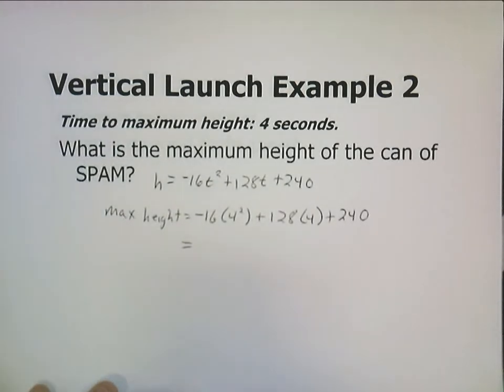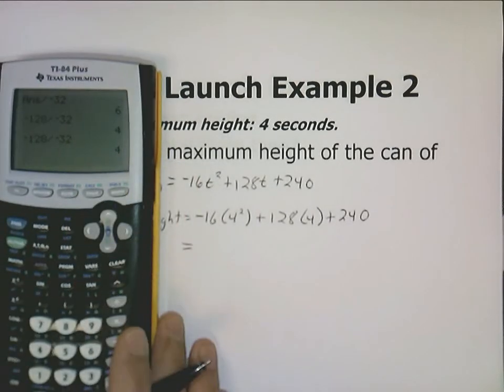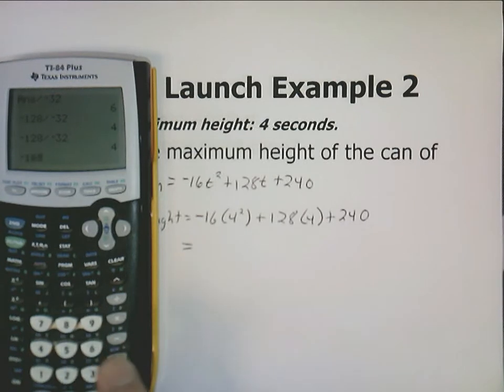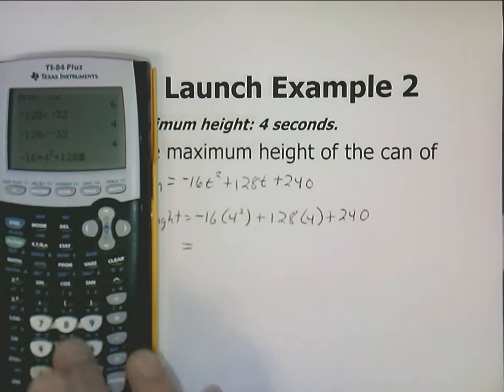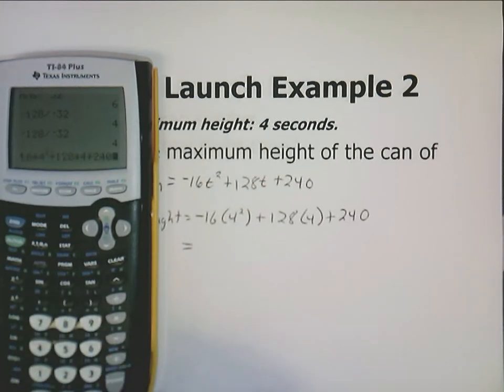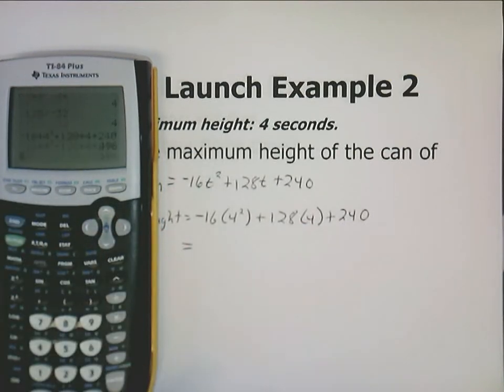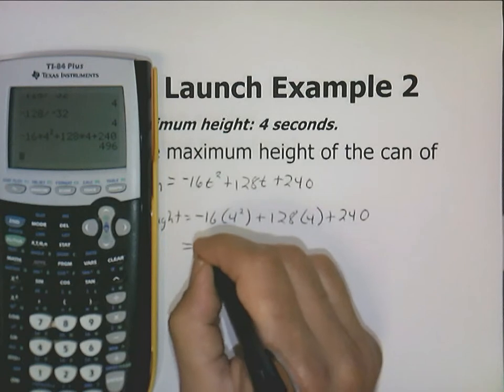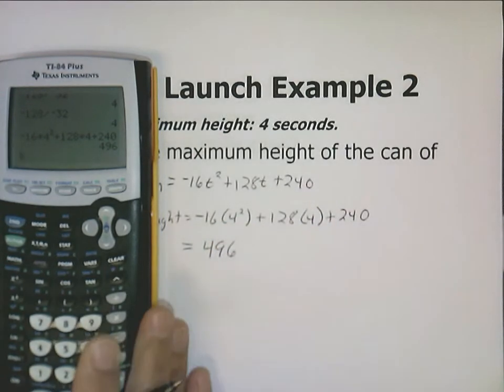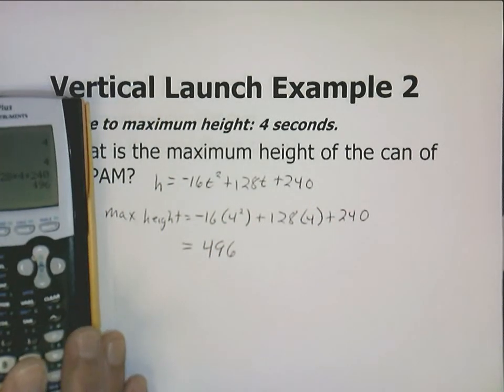And we can just punch that into our calculator as well. Let's see here. Negative 16 times 4 squared plus 128 times 4 plus 240. And so we get a maximum height of 496 feet. Excellent.